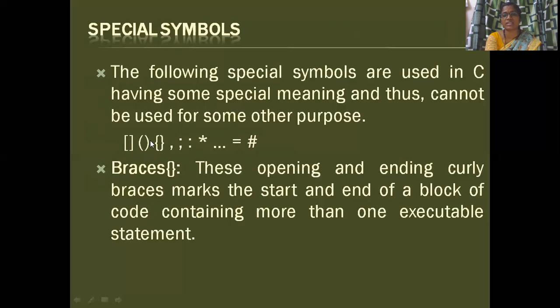We use curly braces, open curly brace and closed curly brace, for writing the function definition. Comma for separation, semicolon for termination, colon for structures. And this is for pointers, equal to and so on.